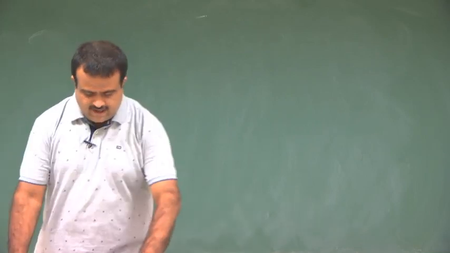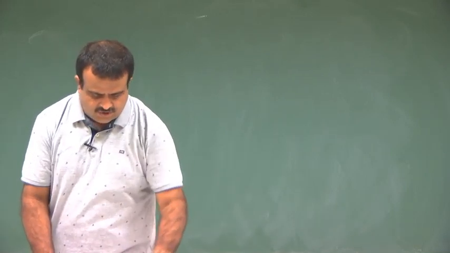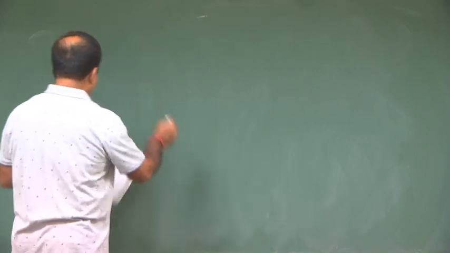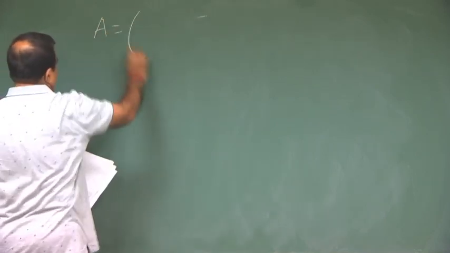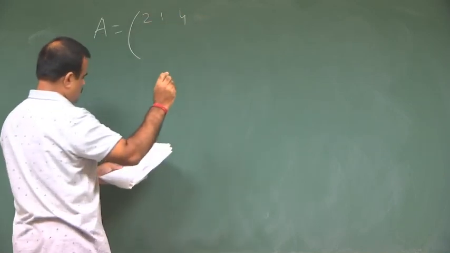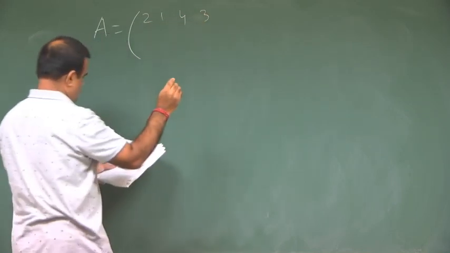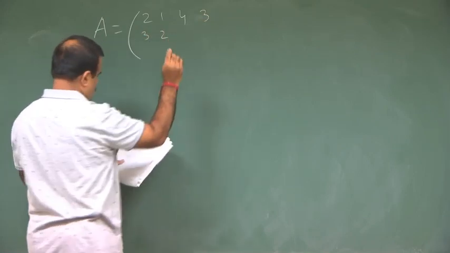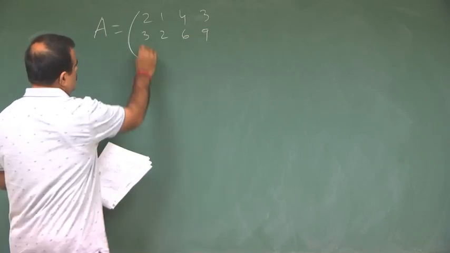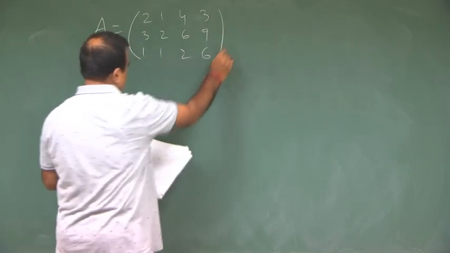So, let us take another example which is not trivial like this one. Suppose we take a matrix like this: 2 1 4 3, 3 2 6 9, 1 1 2 6.